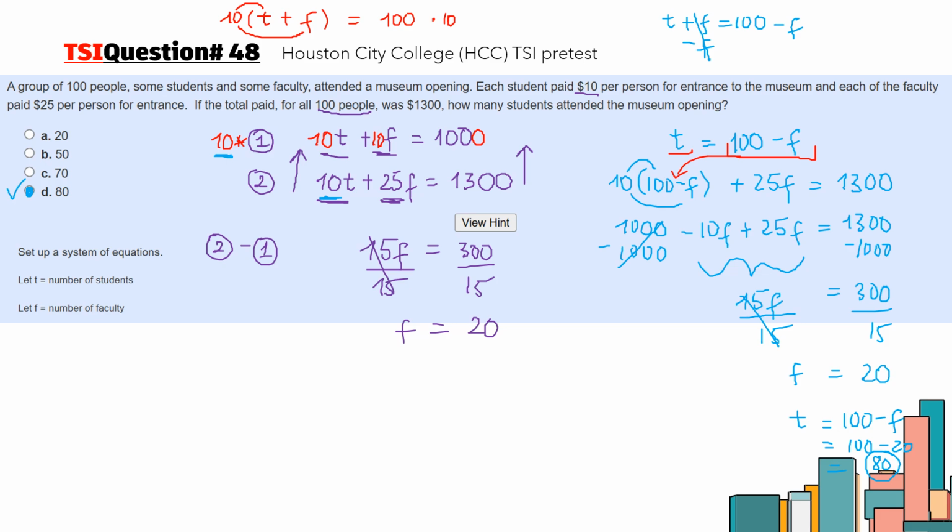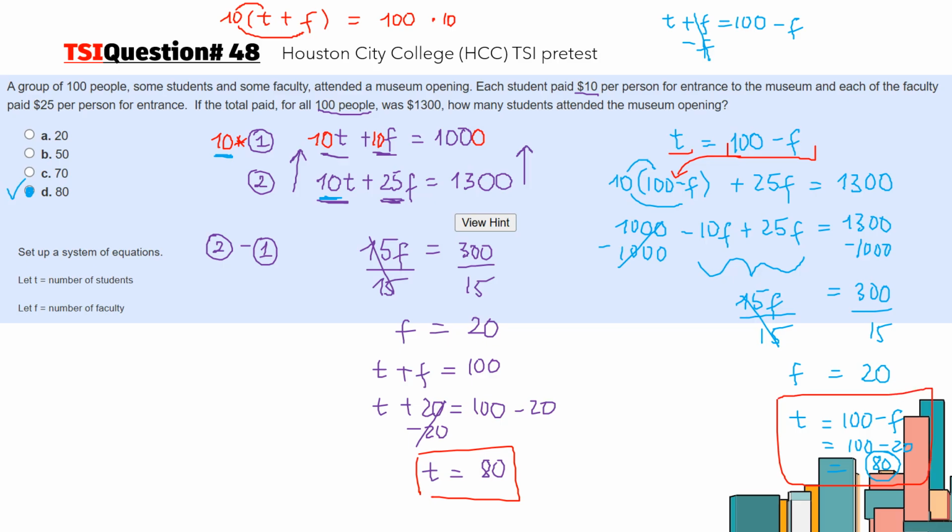Then of course we go back to the first equation. We have T plus F equal 100, and then T plus 20, since F is 20, equal 100. So subtract 20 from both sides. This is gone, we have T equal 80. So it's the same answer.